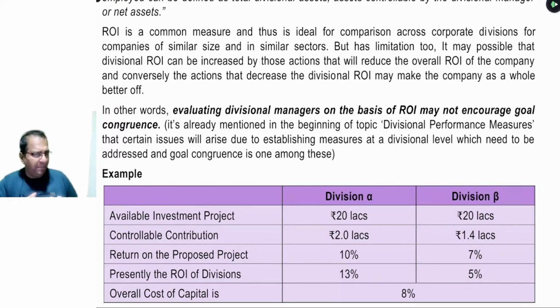So the simple rule of that departmental manager is whether the new investment is providing me higher ROI as compared to the existing one. If the new investment provides higher ROI as compared to the existing ROI, the department will take the investment decision in favor. And if it is no, the department will be against the new capital investment, right?